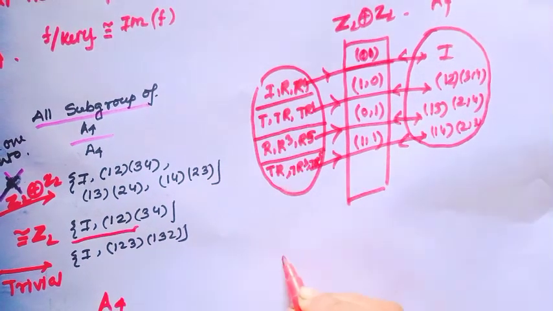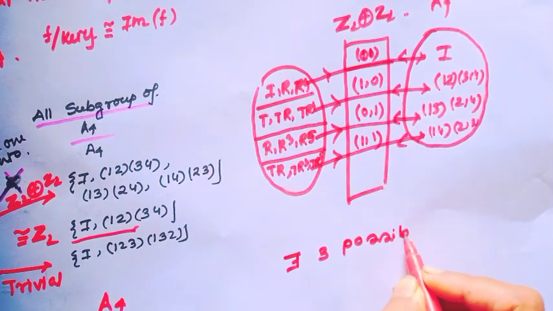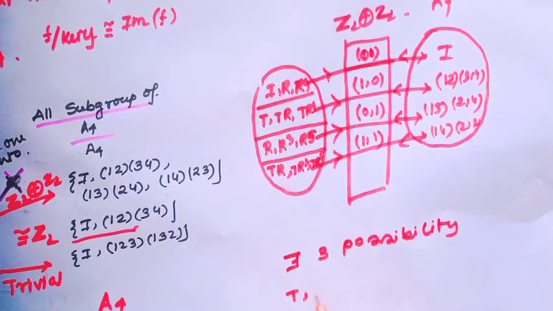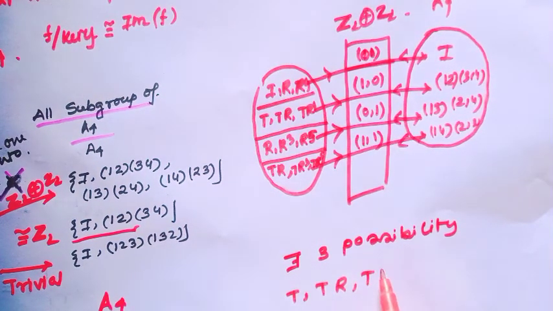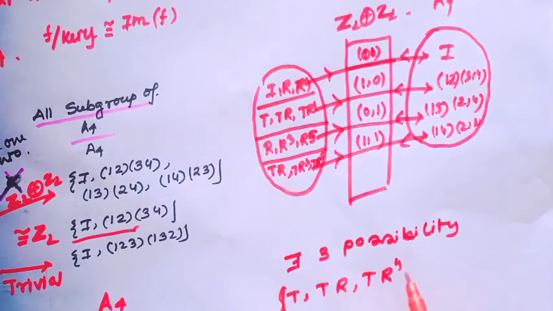So there exist 3 possibilities for the coset TR to the power 4. Are you getting?